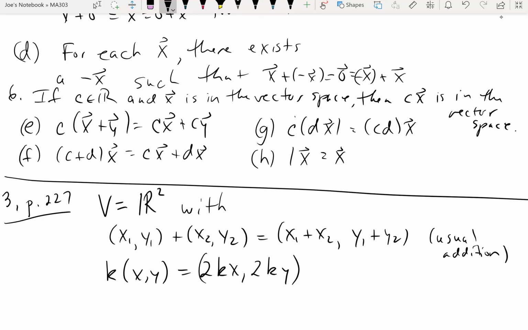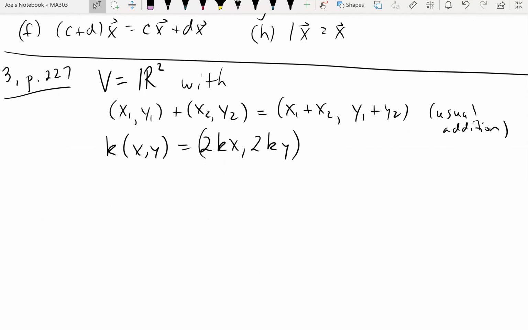All right, so let's just go through the process here. Usually I just label them by numbers like the book has them. So number 1 is our closure axiom. So let's let x and y be in R2.